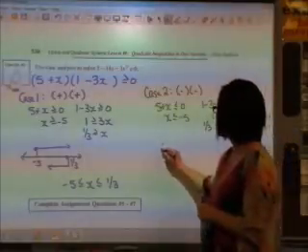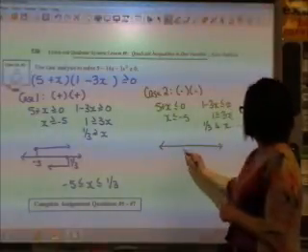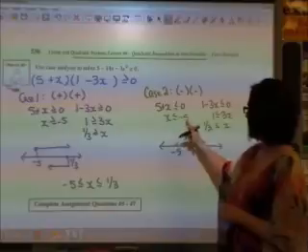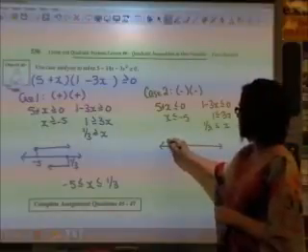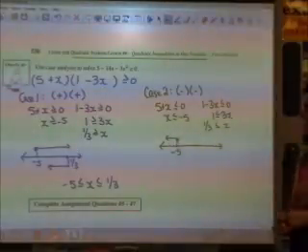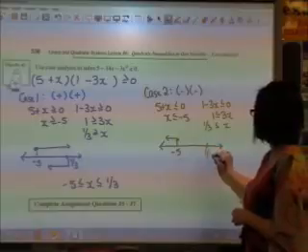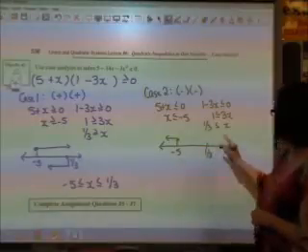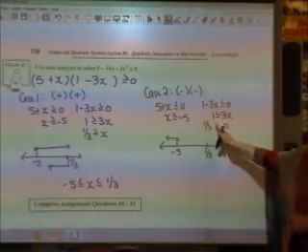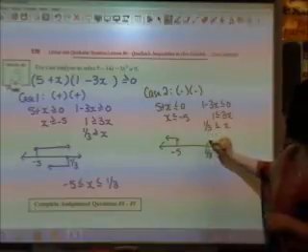And when I show this on a number line, x has to be less than or equal to -5, and x has to be greater than or equal to 1/3.